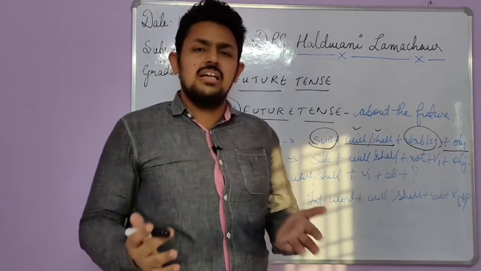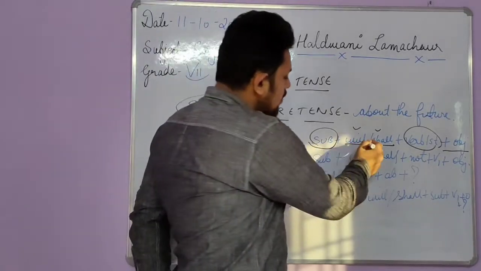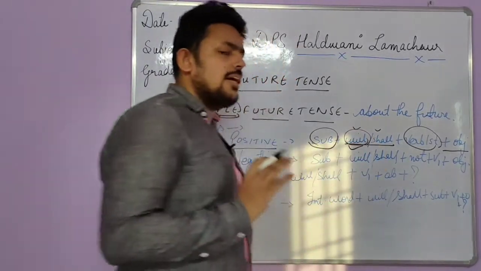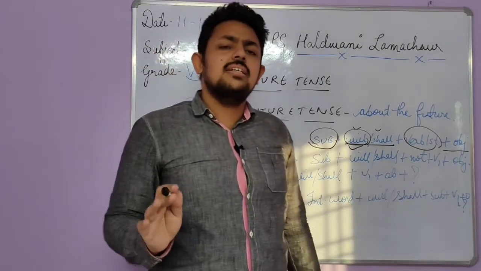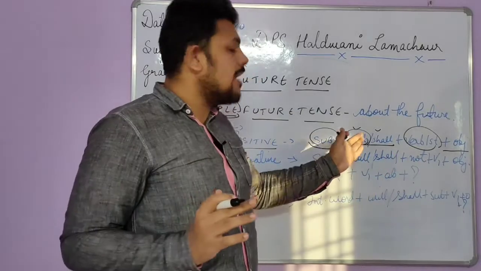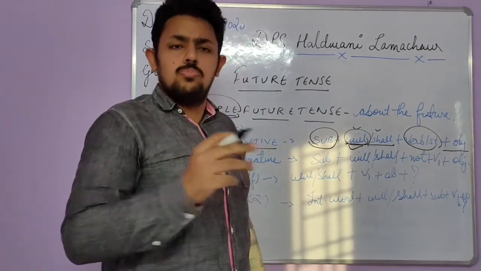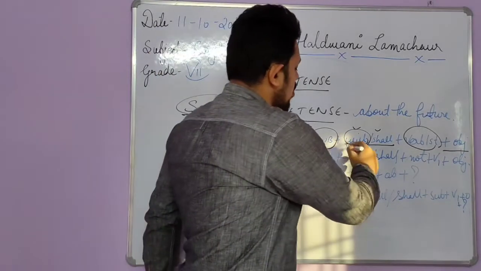So this is the general use. But in case of any confusion, if you use will, it will always be correct. It will not be wrong. In thorough grammar terms it can be tested, but for general use, when you are putting it in a sentence, will is always right.